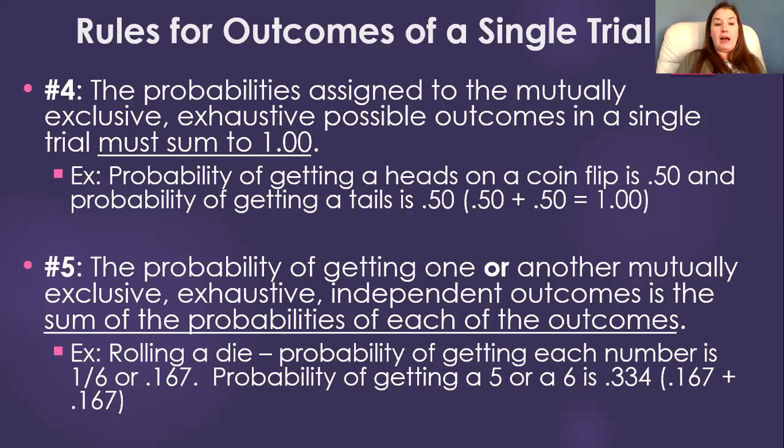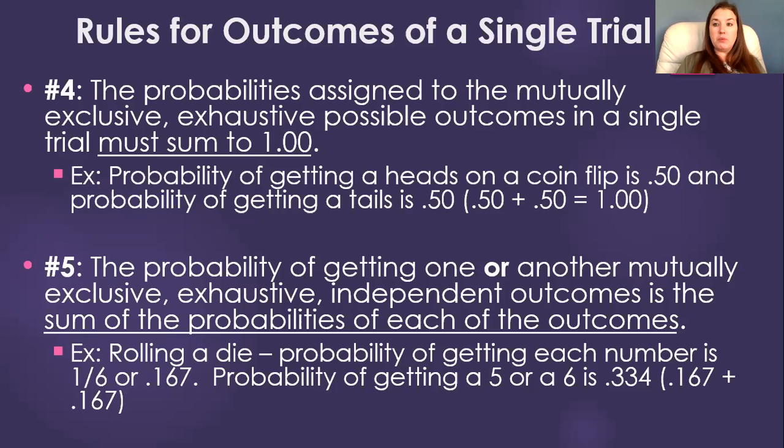Rule number 5 says the probability of getting one or another of mutually exclusive, exhaustive, independent outcomes, fitting in all of the previous rules, is the sum of the probabilities of each of those outcomes.